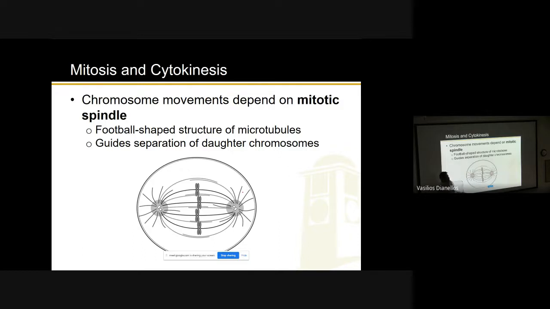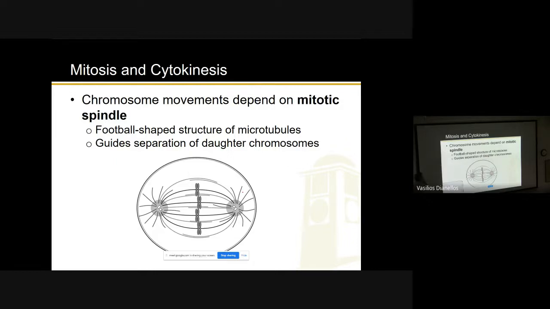So if we're going to talk about them moving, you have to wonder, well, how are they moving? What's making them move? And there's something called the mitotic spindle. I'm probably not going to directly ask you a question about the mitotic spindle, or maybe I will for extra credit. I don't know yet. But I am going to use the word, so you need to know what I'm saying when I say it.